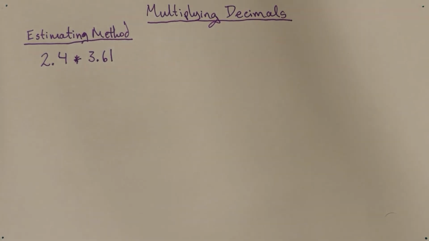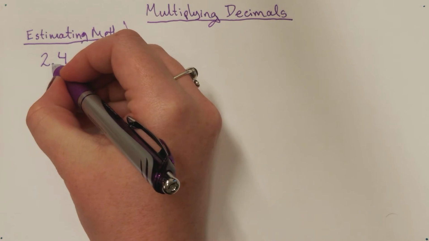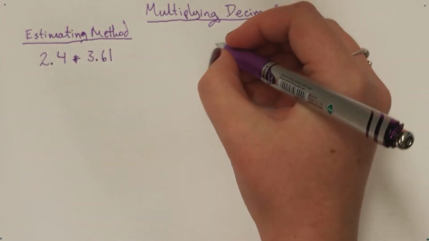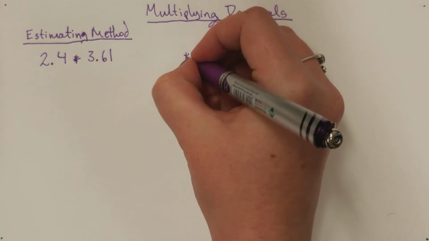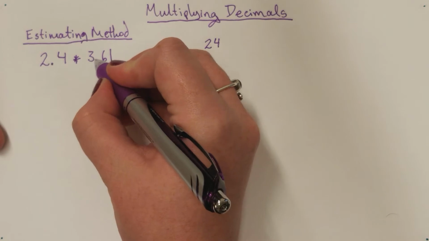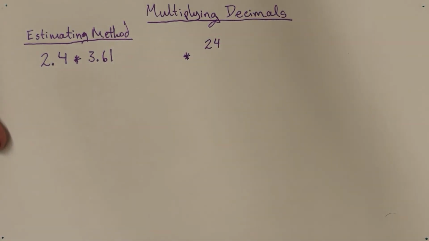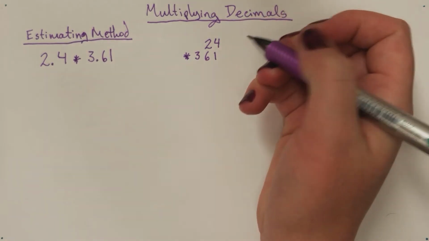And all that means is that we just pretend like there isn't a decimal here. If there was no decimal here, this number would be 24. So we're going to start by multiplying 24 times, if there was no decimal here, this number would be 361. So we're going to multiply it by 361.